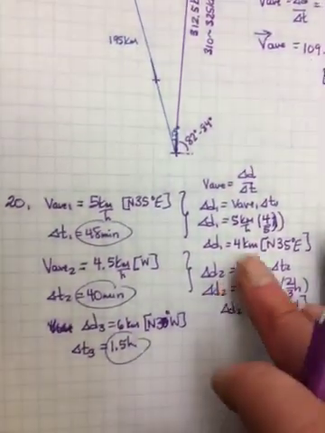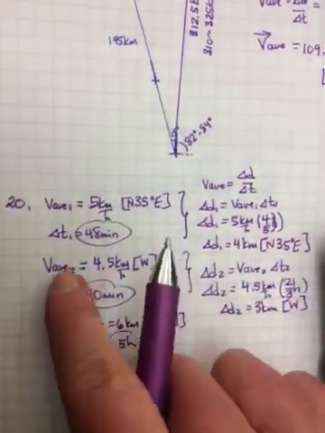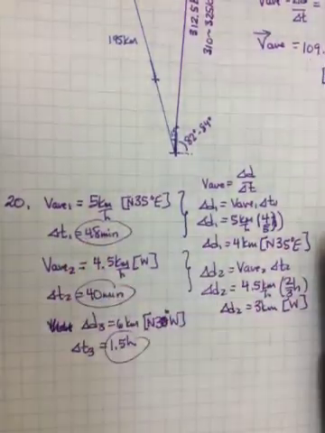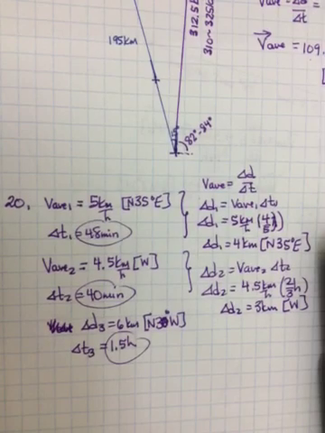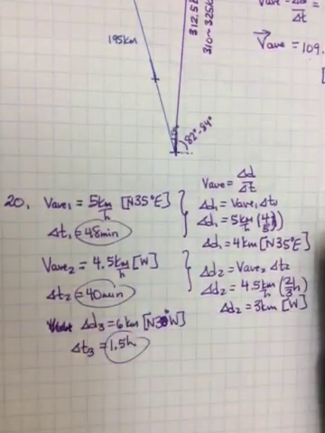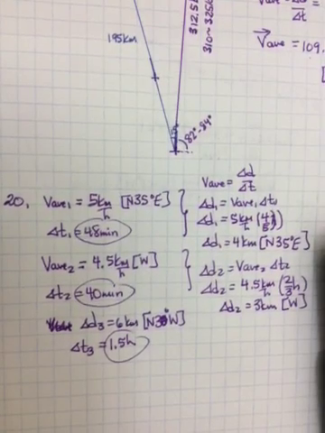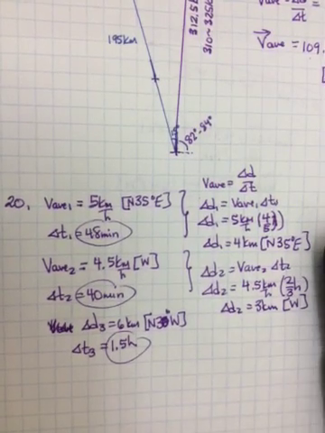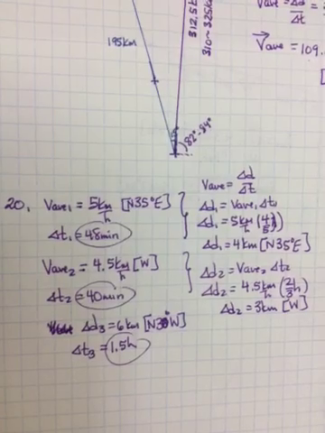So 48 minutes, I had said earlier, 48 over 60 reduces to 4/5 of an hour, plus 40 minutes over 60 reduces to 2/3 of an hour, plus 1.5 hours. It's going to give you 2.96 repeating of an hour.